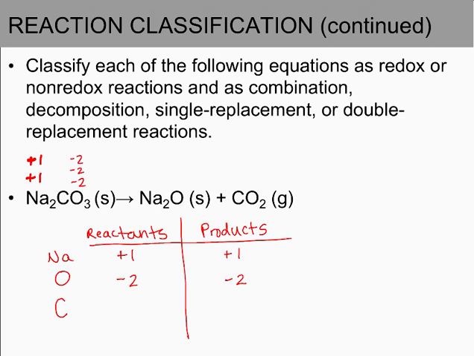So to balance that out, carbon must be +4. Because remember, we want everything to add up to 0. Now in our products with carbon, we have two oxygens, both with a value of -2. So that's a total of -4. So to balance that out, carbon has to be +4.